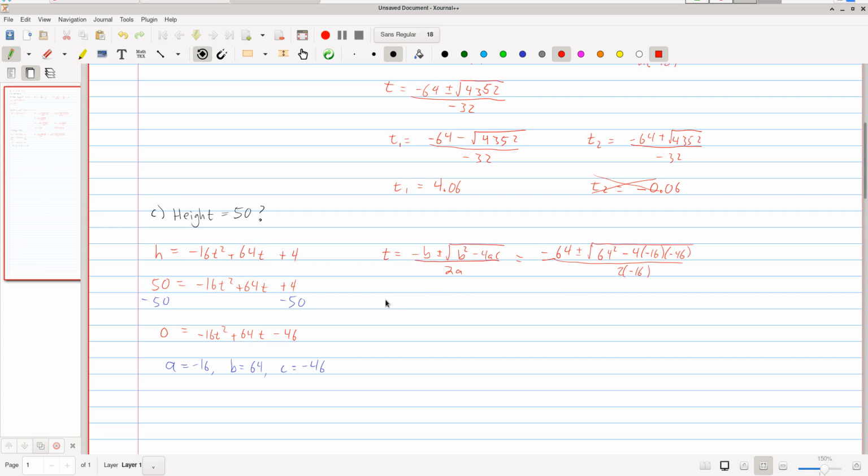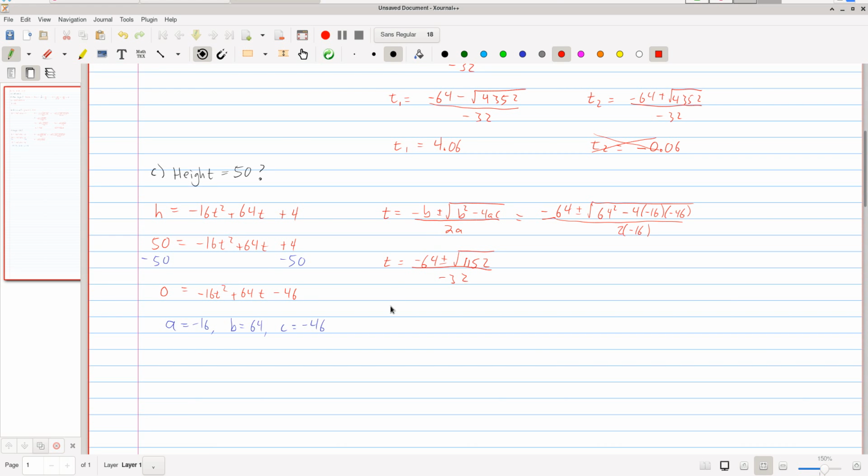Like we've done before, let's simplify the stuff that's inside the radical next. We've got 64 squared minus 4 times negative 16 times negative 46. I plug this in my calculator and I get that this is 1152. And this is all divided by negative 32.